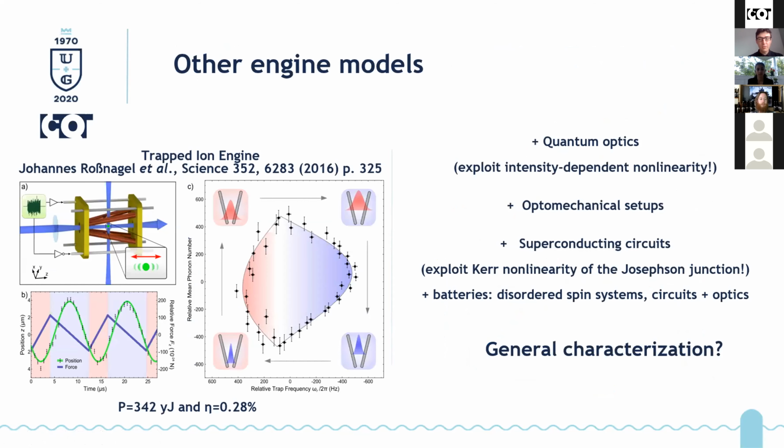The last example that I wanted to show is the trapped ion engine. Here we have another qubit, this green fluorescent dot.